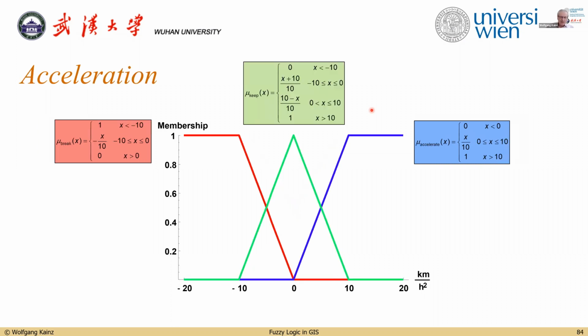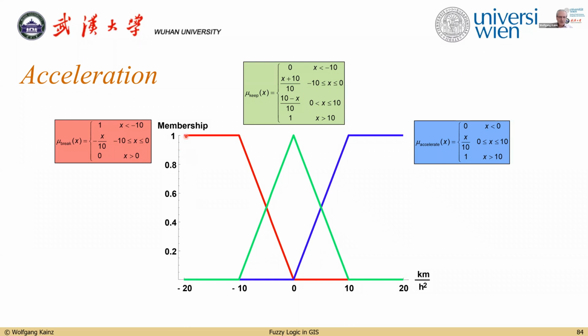Now we need the membership functions for our acceleration, deceleration behavior. Here you remember we had 3 values: brake, meaning reduce speed, keep speed, and accelerate, increase speed. So for braking, we define for a value less than -10, it is 1, meaning the higher the negative values, the stronger we brake.